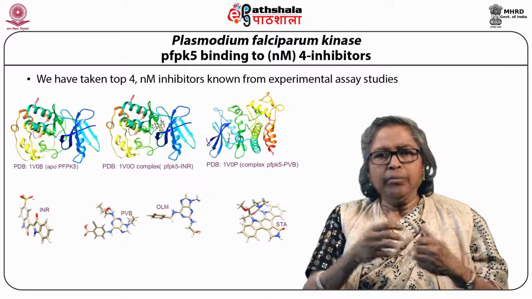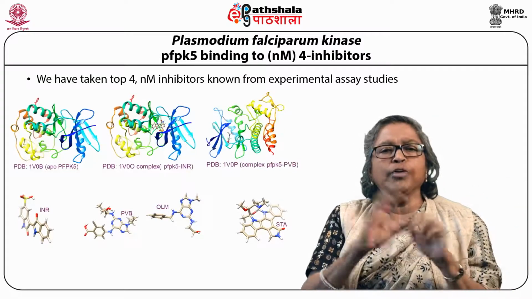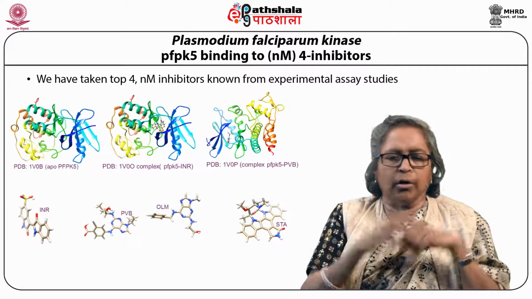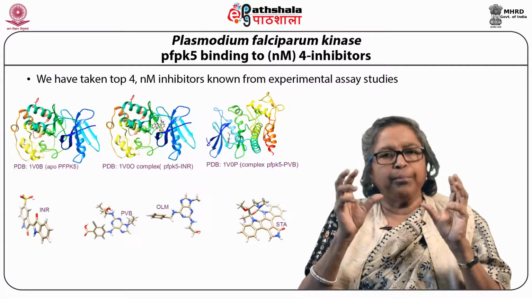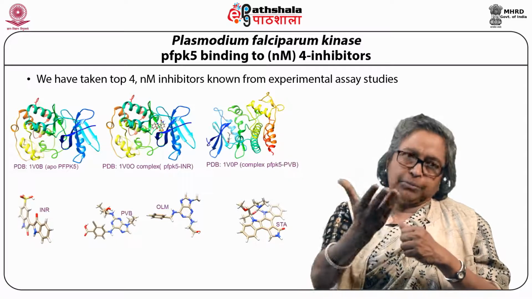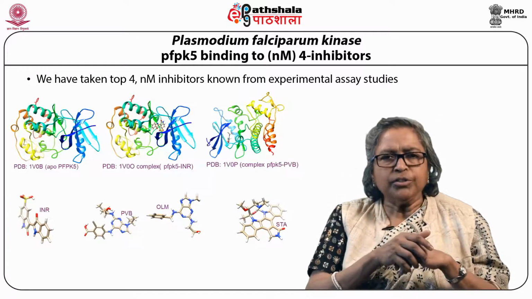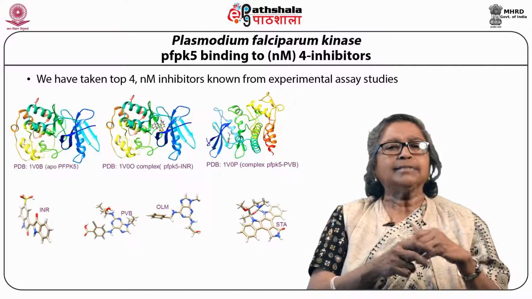Here I describe a case study using such a pipeline and using only 4 very good, I would say nanomolar, inhibitors of a protein called kinase. This is called PfPK5 kinase. It is from Plasmodium falciparum. This is in-house research. We had docked the compounds by different methods as well.